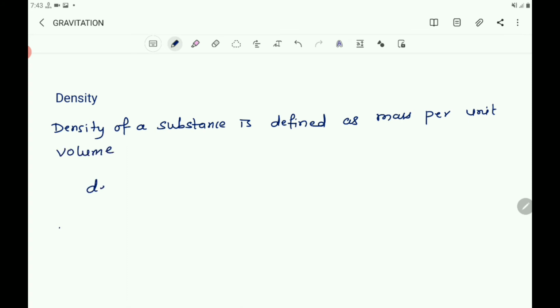So you can write density equals mass per volume.